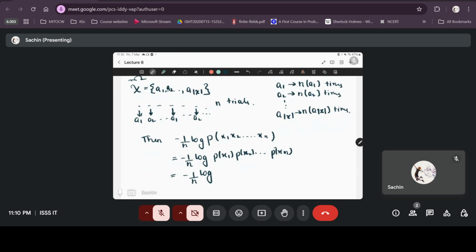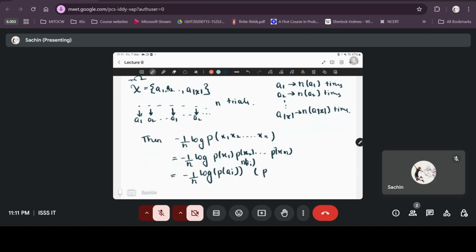So suppose ai has occurred n of ai times in this sequence, then you'll get p of ai n of ai times, so it's p of ai power n of ai.